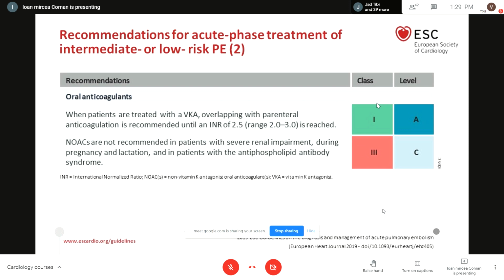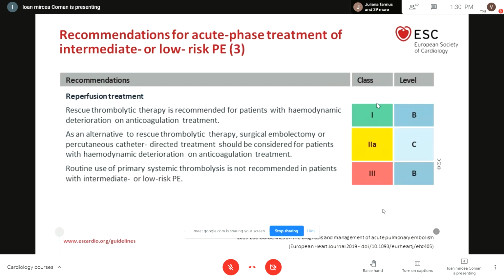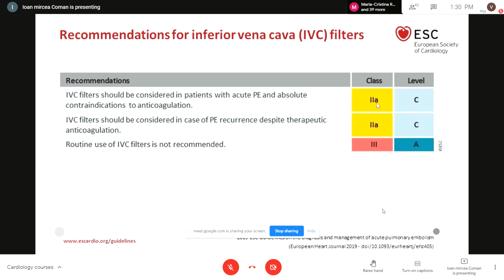In these situations, you should use the classic anticoagulants and not the new ones. This is a synthesis of the recommendations in the guidelines.